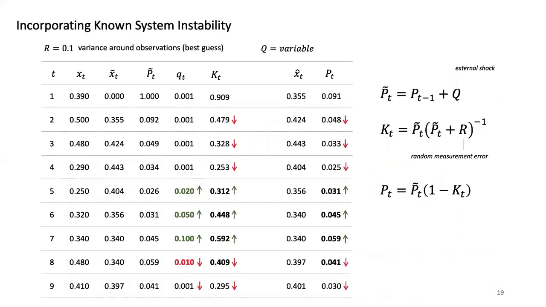Another good use of Kalman filtering is to incorporate known system instability. Quite often when we run brand tracking, we know when there is an issue with the company's brand, or the company is doing a push about brand awareness.